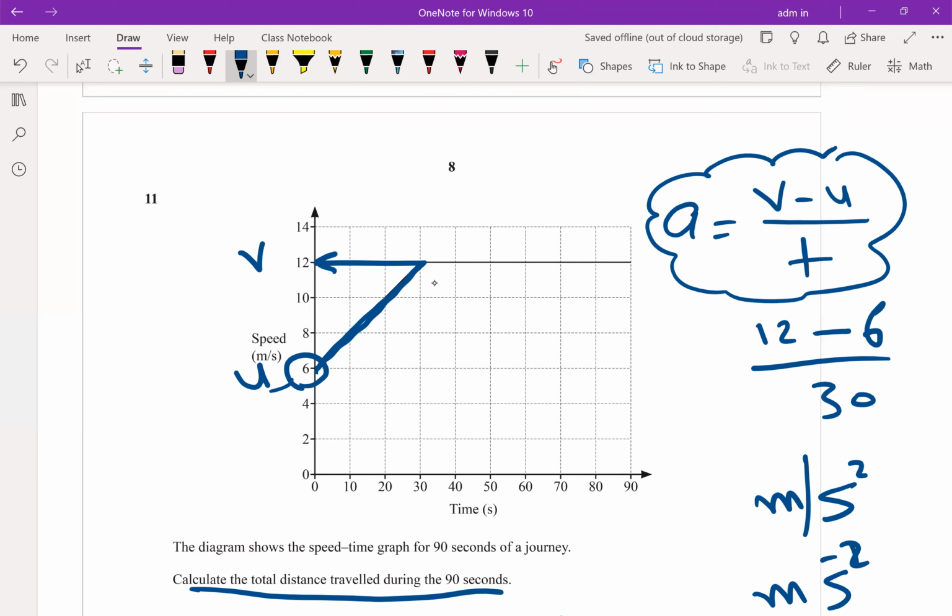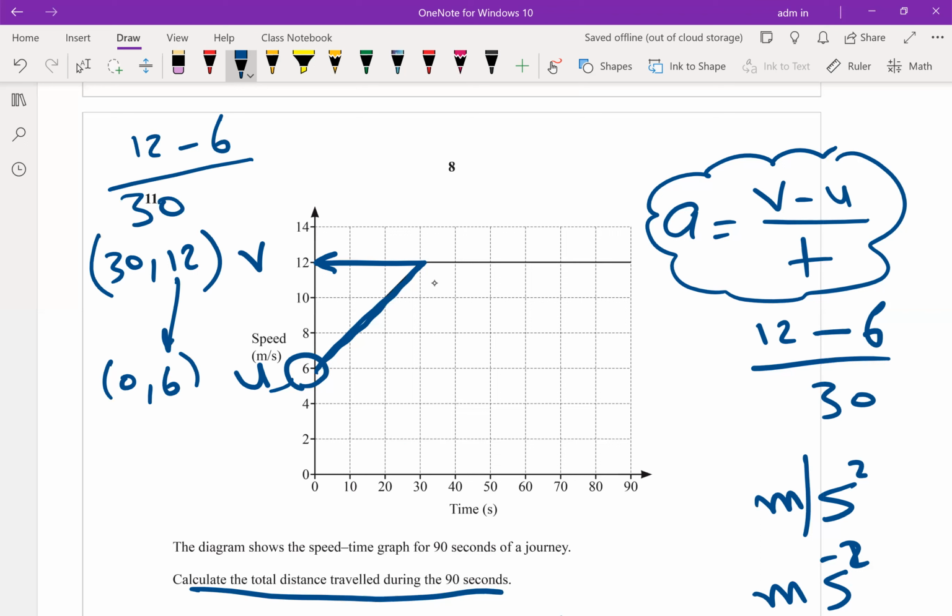The first point is (0, 6). The end point is (30, 12). If you find the gradient, y2 minus y1, 12 minus 6, divided by 30 minus 0. Simplify your answer: 12 minus 6, divided by 30, will be 1/5 meter per second squared.